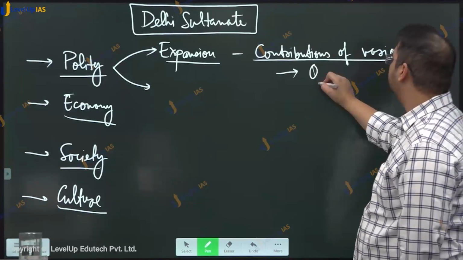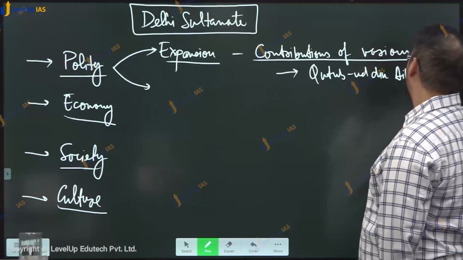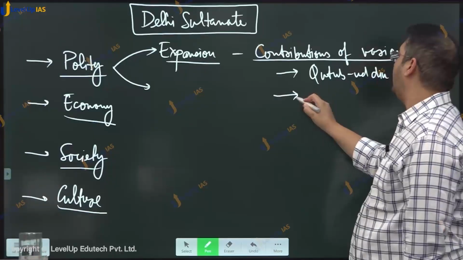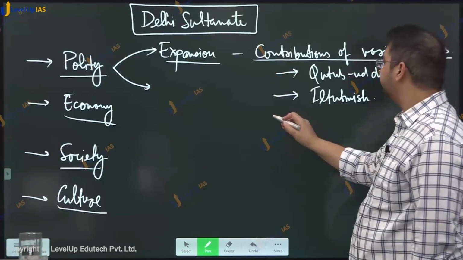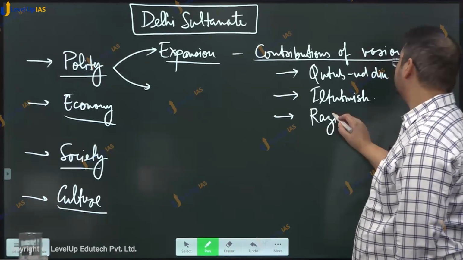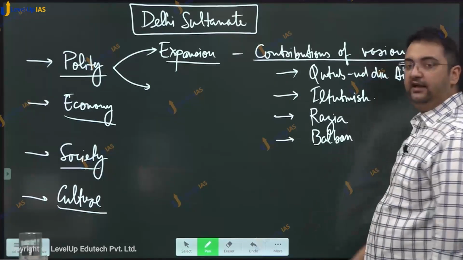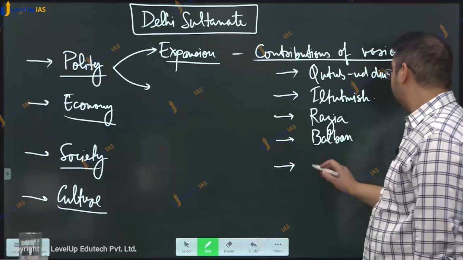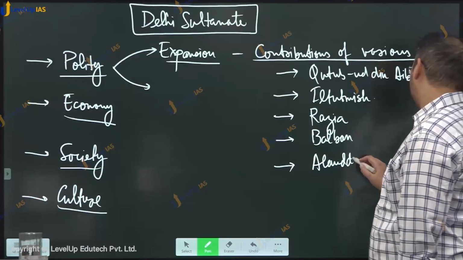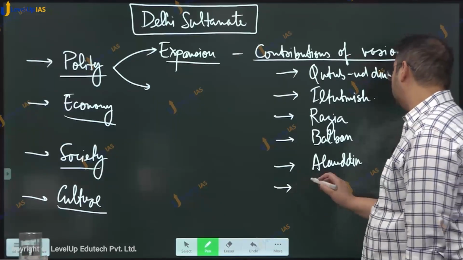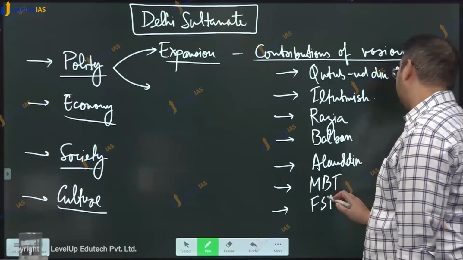For example, कुतुबुद्दीन ऐबक, इल्तुतमिश, रजिया सुल्ताना, गियासुद्दीन बलबन, अलाउद्दीन खिलजी, मोहम्मद बिन तुगलक and Feroz Shah Tughlaq.